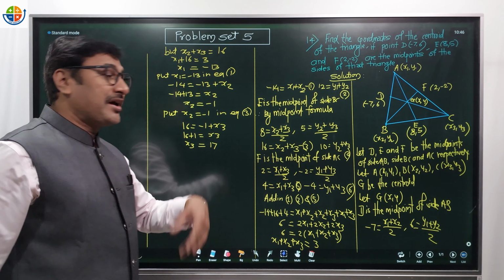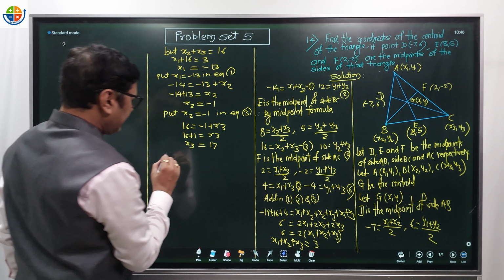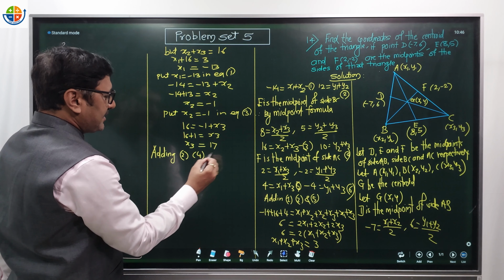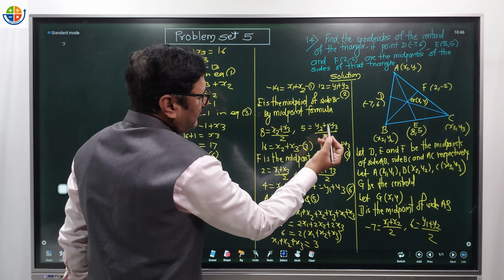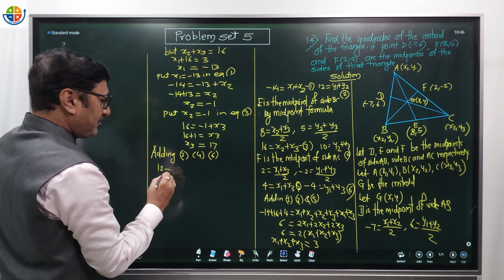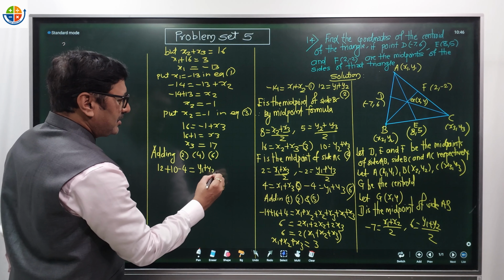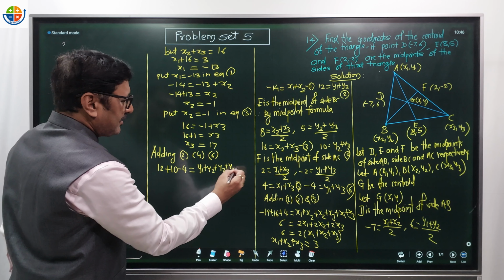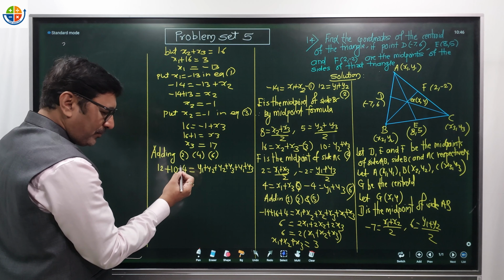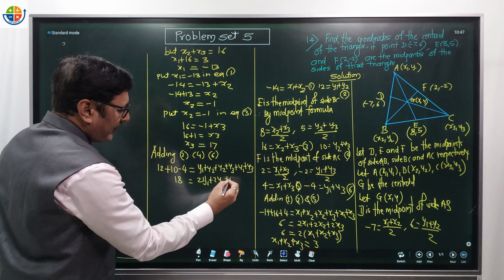ठीक है. Similarly, we can find y1, y2 and y3. See, adding equation number 2, 4 and 6. देखो 12 plus 10 minus 4 equal to y1 plus y2, y2 plus y3, y1 plus y3. 22 minus 4, 18 is equal to 2y1, 2y2, 2y3.